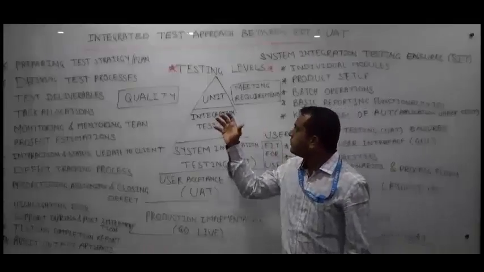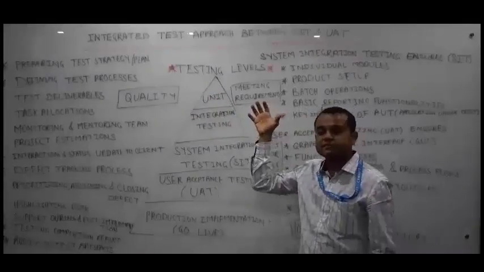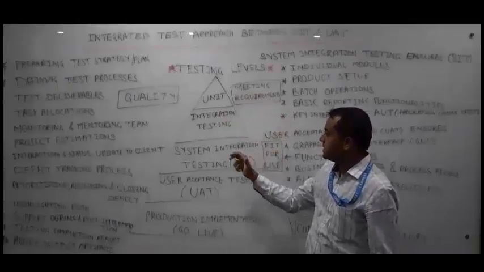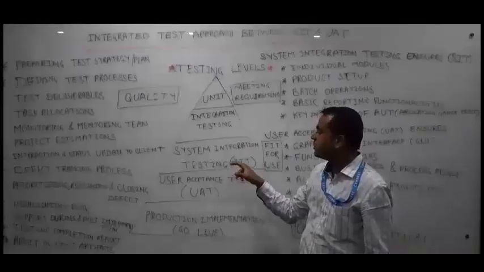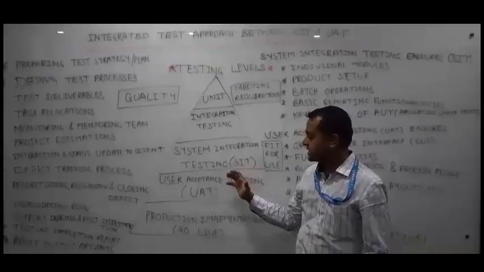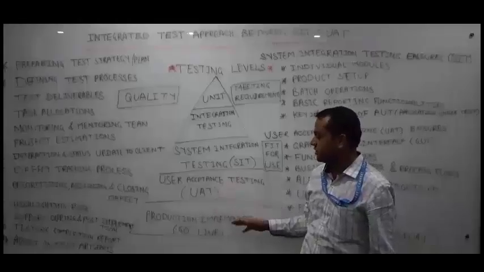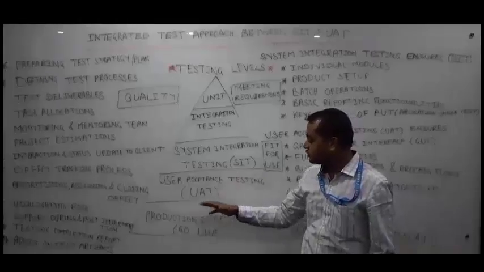Whenever we are doing testing, there are different testing levels like unit testing, integration testing, system integration testing, which we call SIT, user acceptance testing, which is called UAT, and then production implementation, which we generally call go live.